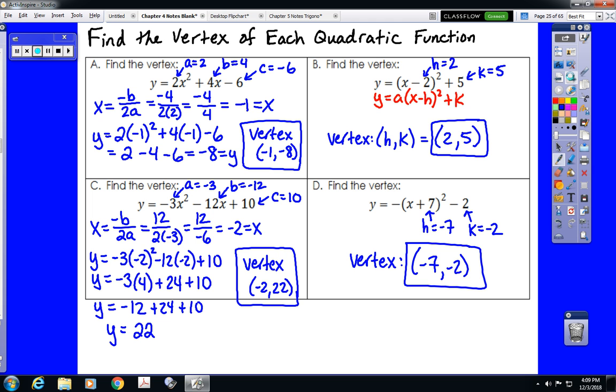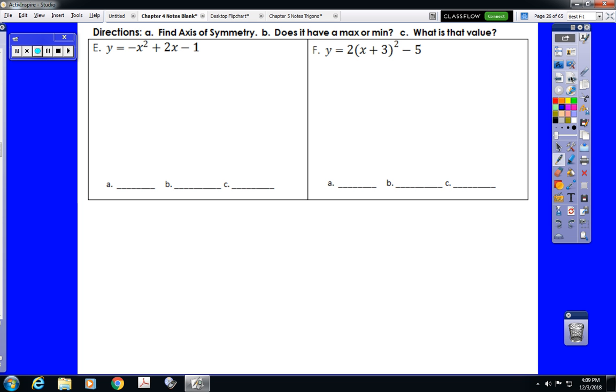The next thing will be a multi-part question involved around the axis of symmetry. But this is essentially asking us to do the same thing that we just did. Because by asking us to find the axis of symmetry and then asking us to find that maximum or minimum value, that is the same work. That's finding the vertex.